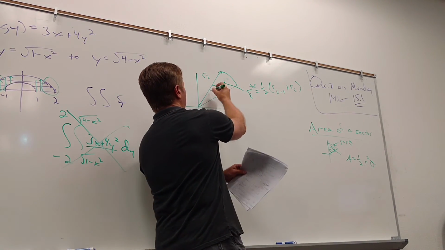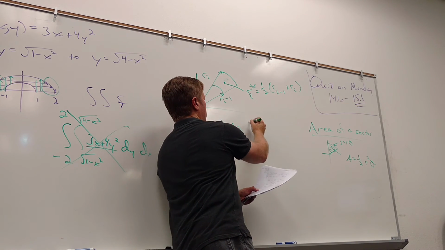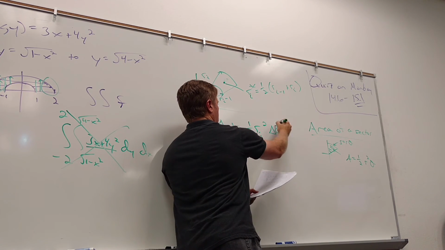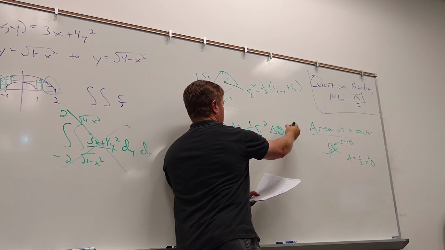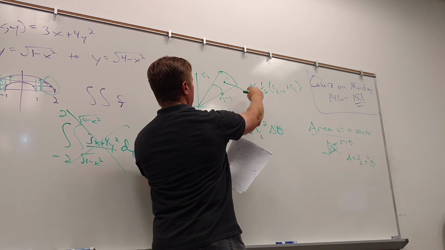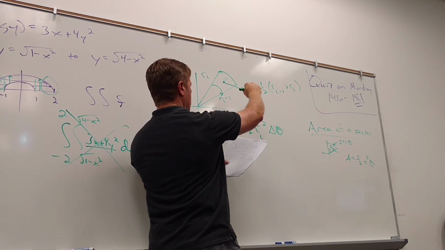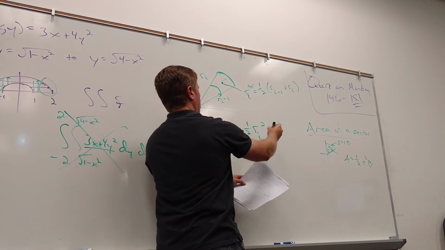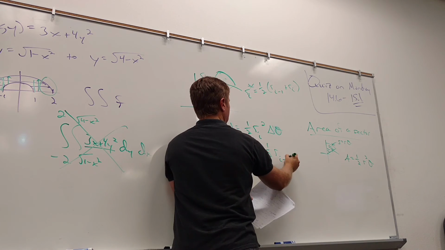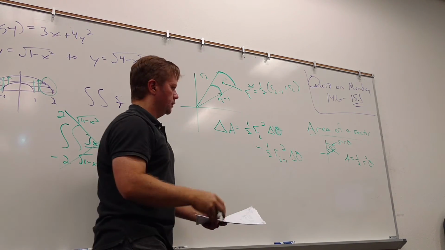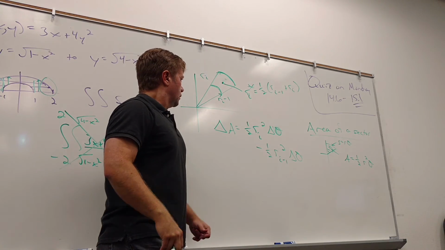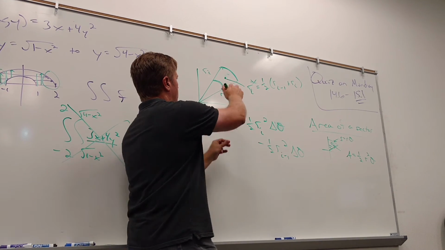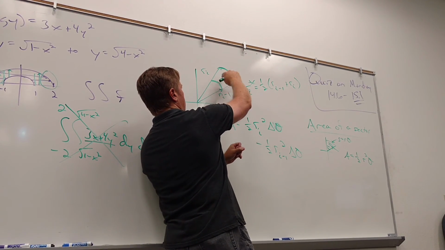The change in area from one segment to the next is going to be 1/2 Ri squared change in theta. So the area related to this radius versus this radius, as I move out, the area changes by this much.